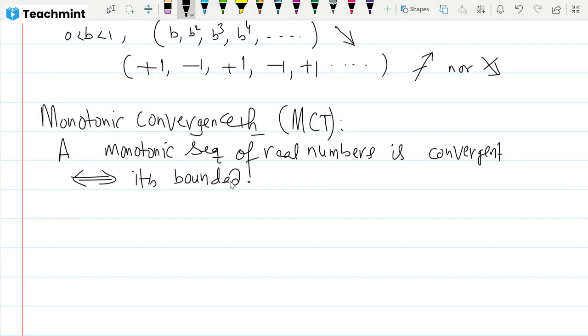Therefore increasing sequences are bounded below. If it is bounded above, then it is bounded. So monotonic increasing and bounded, then it is convergent. Or decreasing and bounded below, because decreasing sequences are bounded above, because the first term is the upper bound, because all the terms are less than the first term, right?